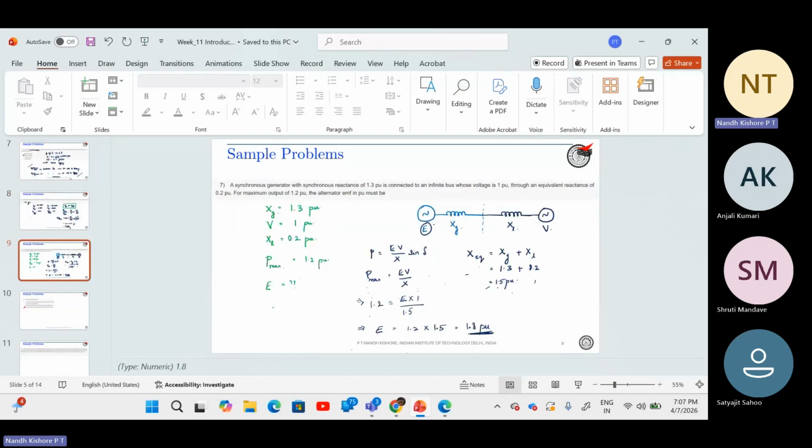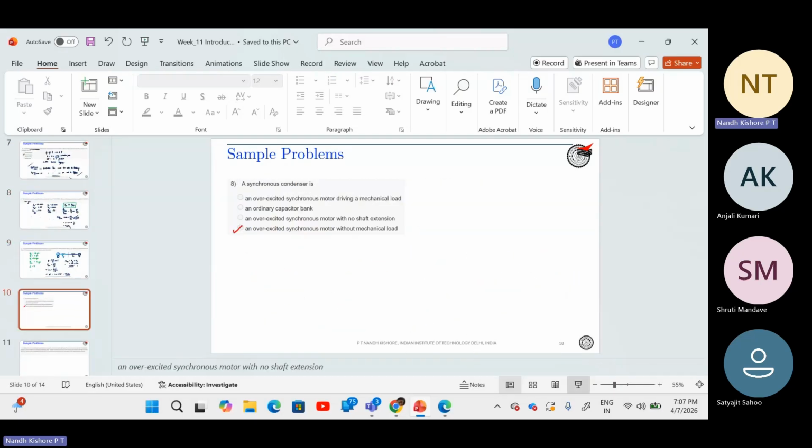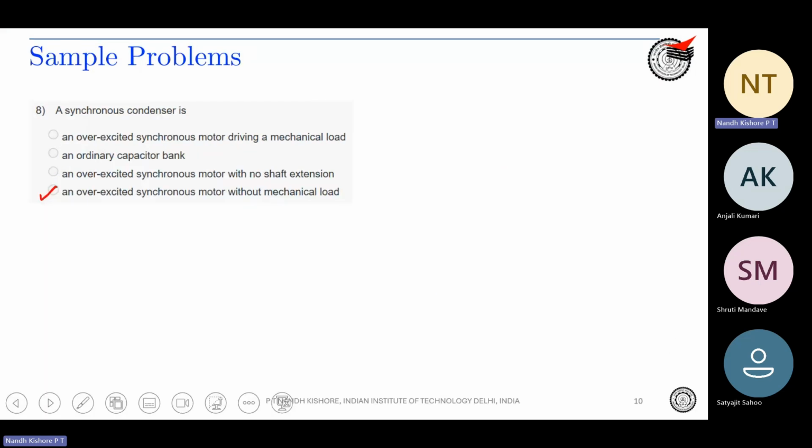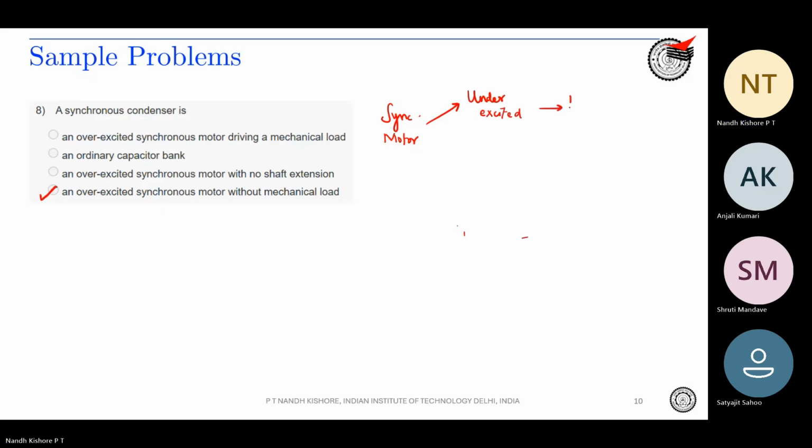Anyway, theoretically and conceptually speaking, it is option D only, right? Because we saw that a synchronous motor, if it is under-excited, draws lagging power factor current, which means it acts as an inductive load.